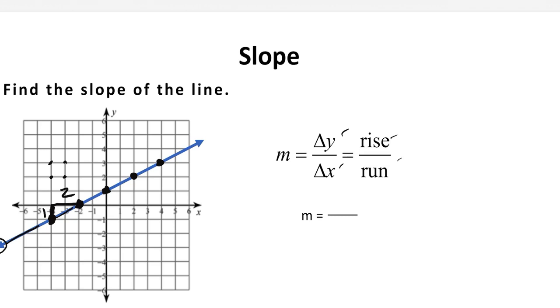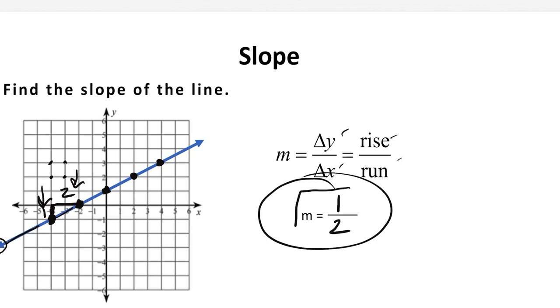When you go up, your number is positive. So positive 1 and 2. Then we're just going to come over here to where our fraction is, and we're going to put this 1 on the top and this 2 on the bottom. And there is the slope.